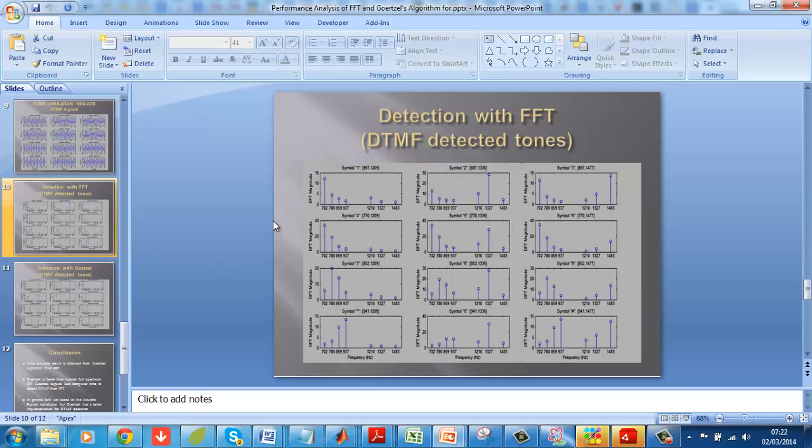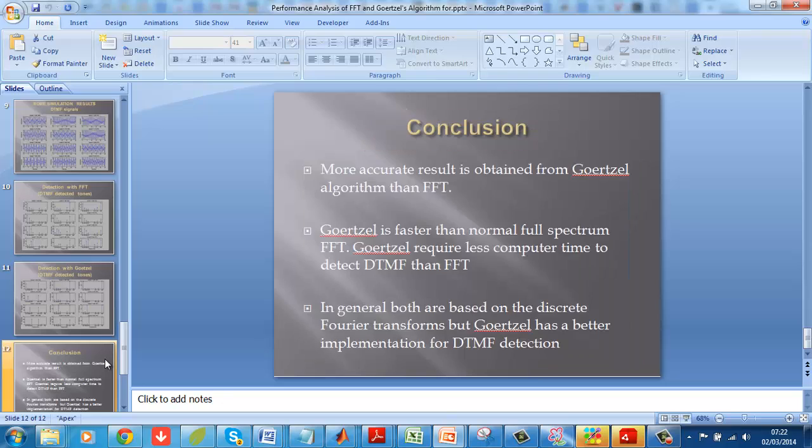Whereas in FFT, we see a lot of other frequencies that we don't need. This brings a lot of computational problems. We need more hardware to implement filters to remove all these unwanted signals. So we have been able to see that Gaussian is faster and more accurate than FFT.